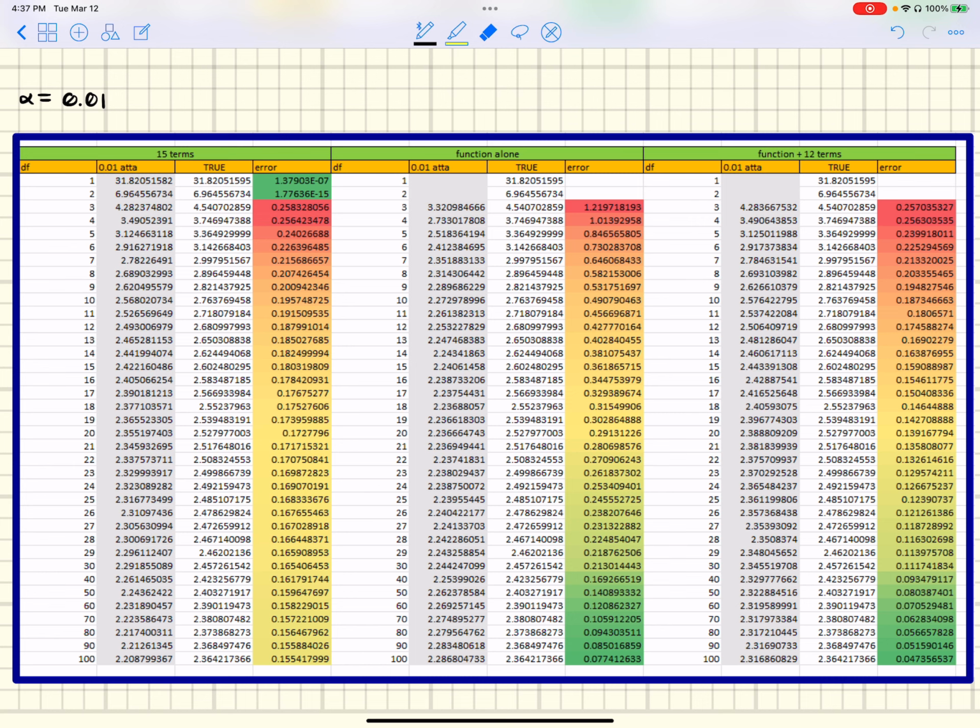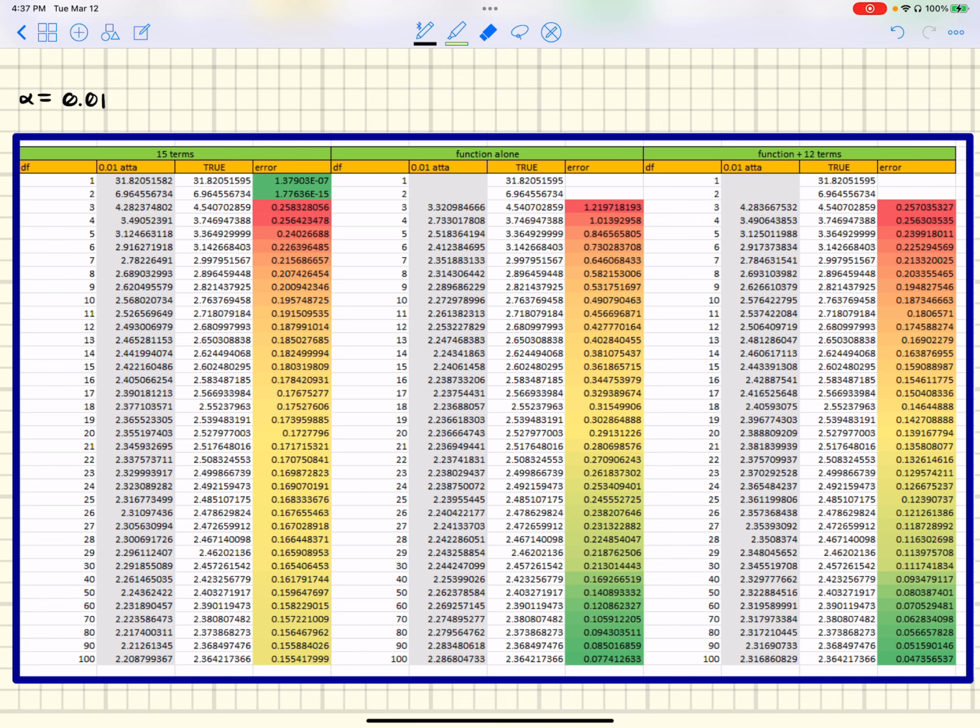But even still, the errors are not that unforgiving. In fact, just the function alone, once you start getting into higher degrees of freedom, you're talking about errors which are 7, 8, 10% off from the true value.